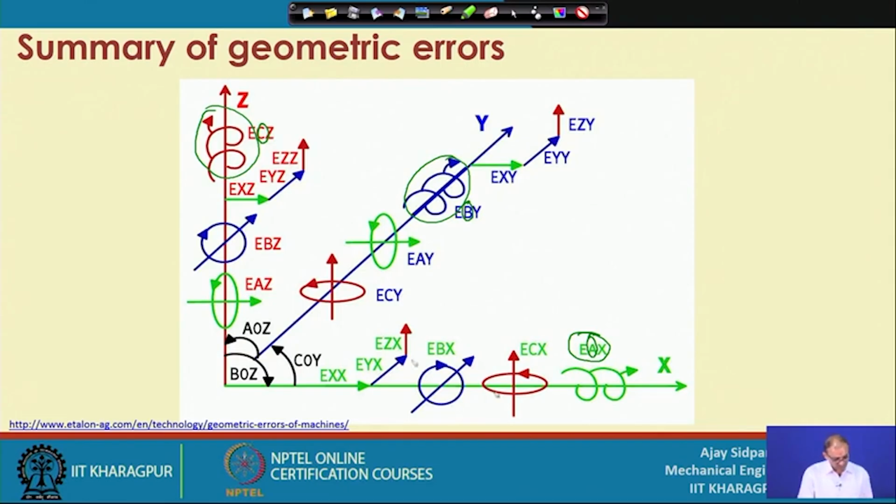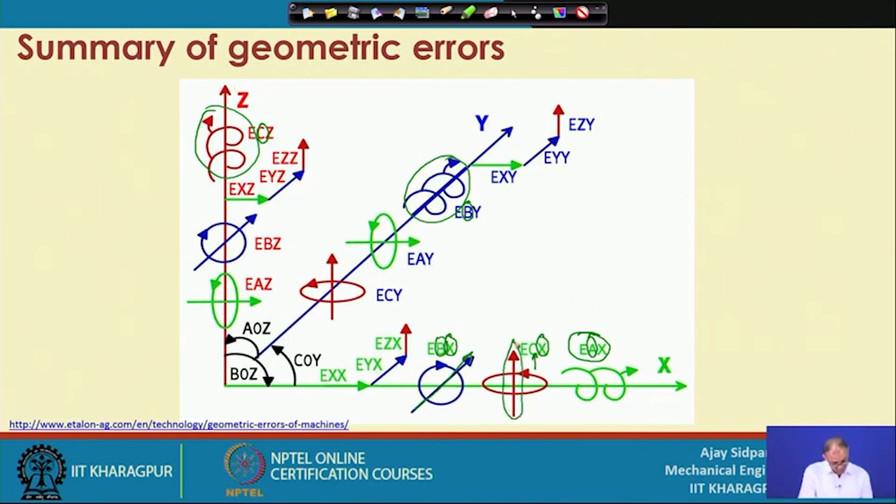But if you are getting a rotary error in one axis because of the presence of motion in the other axis, then you end up with two more errors. So, this is the rotary motion in the x direction, but you are getting motion in the b axis, which is the y axis. So, this particular arrow is along the y axis. Now, rotary motion around the x axis, but you are getting motion in the c axis, and the c axis is along the z axis.